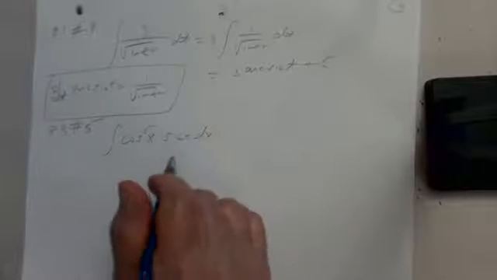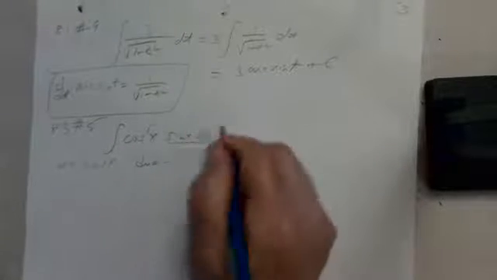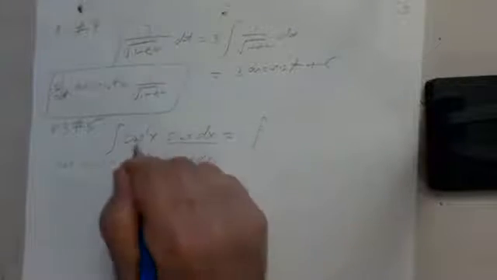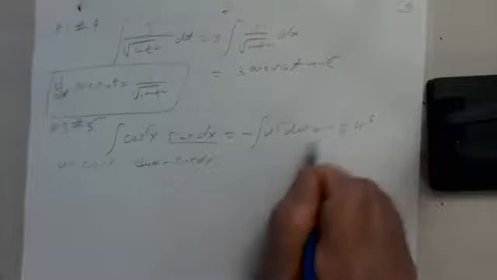Well, again, you just make a substitution. You see you have sine x dx. If you let u equal cosine x, du is minus sine x dx. The derivative of the cosine is minus the sine. So if you substitute, this becomes u to the 5th times minus du, which is minus 1/6 u to the 6th.